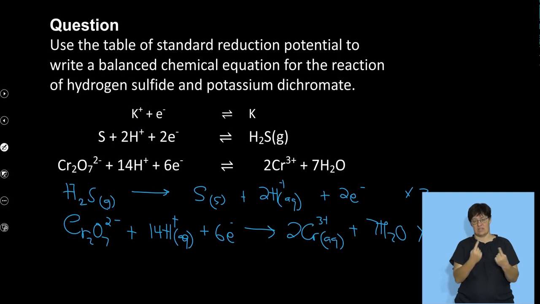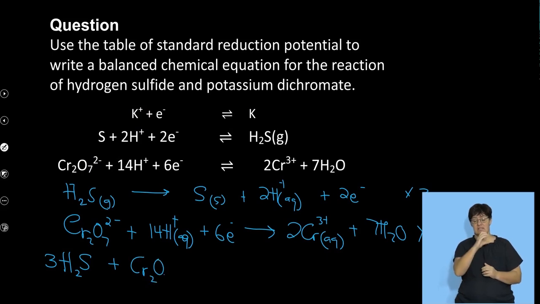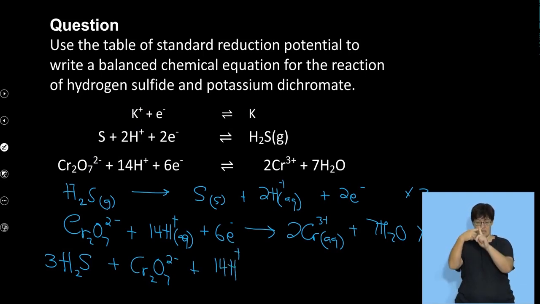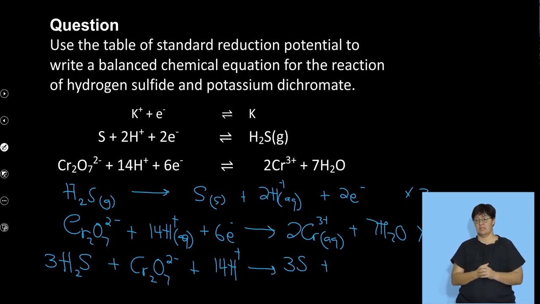Now, if we multiply this by 3, then we'll have 3 hydrogen sulfide, plus the dichromate, Cr2O7 2-, plus 14 hydrogen ions, to give us 3 sulfur, plus, if we multiply that by 3, it will give us 6H+, right?